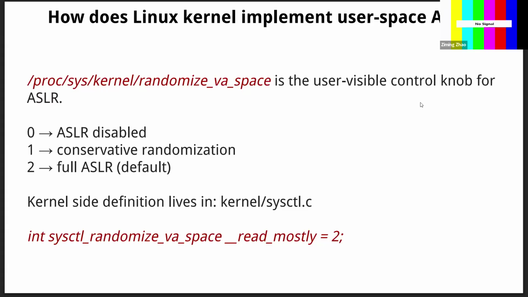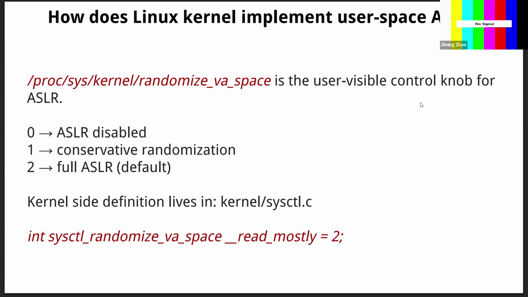It's just a pseudo file system, and it hosts an interface called randomize_va_space. That allows us to turn on or turn off ASLR. Of course, you need to be root for this one. So far in this class, we set that to 0 to disable ASLR. And if we set that to 1 or 2, it will enable ASLR.